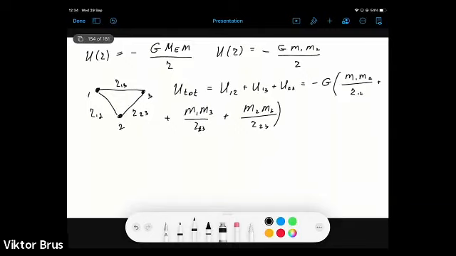And now let us make some energy considerations in planetary and satellite motion.